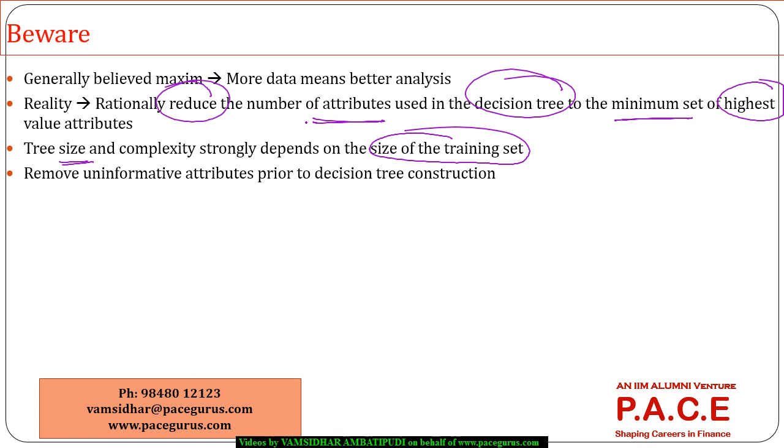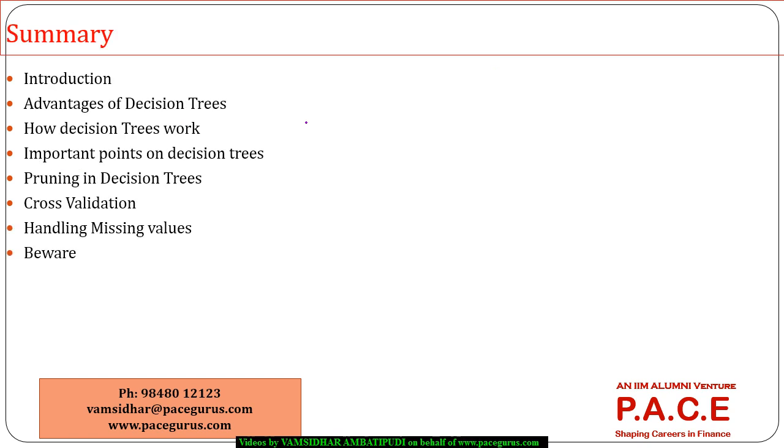If you understand from the domain that an attribute may not contribute at all to my response variable, I suggest removing it in the beginning, before the construction of the tree. The more attributes you add to the model, the more complex it is likely to become. So these are some of the important points to keep in mind while building your decision tree model. This is what I wanted to take up as part of this session.